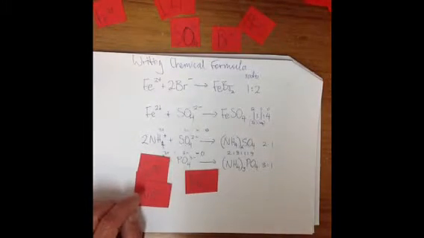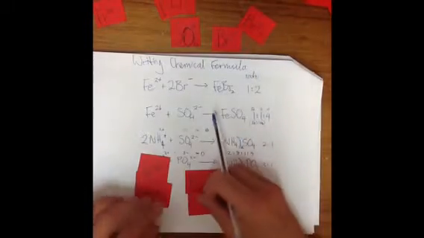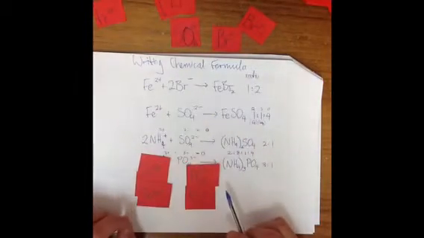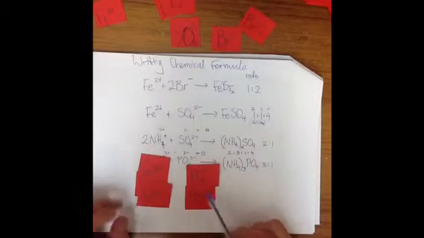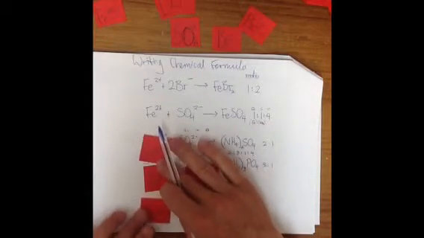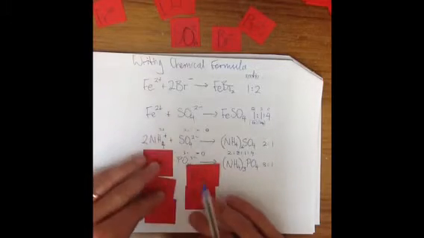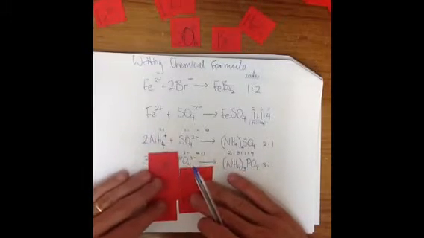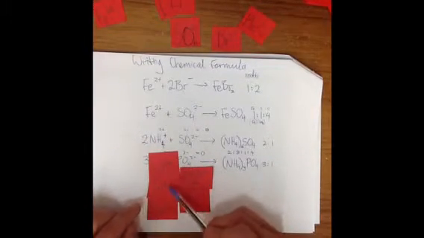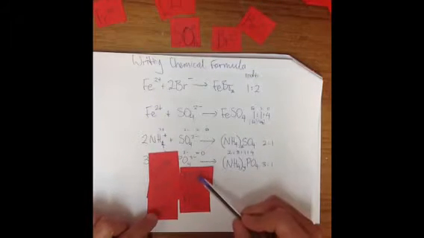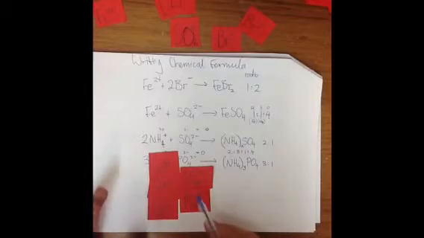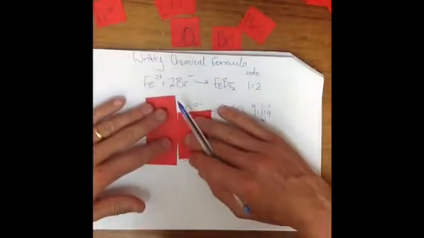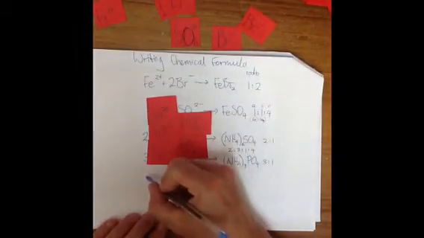What I'm going to have to do is get myself another phosphate ion. So I now have 3 minus and 3 minus is a 6 minus, and I'll need to get myself another tin ion. So now I have 2, 4, 6 plus, and 3 minus 3 minus is 6 minus, and I end up with a balanced arrangement.